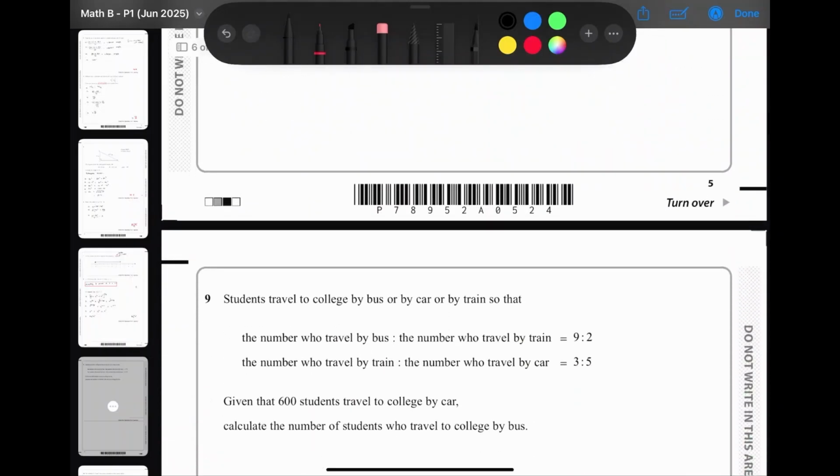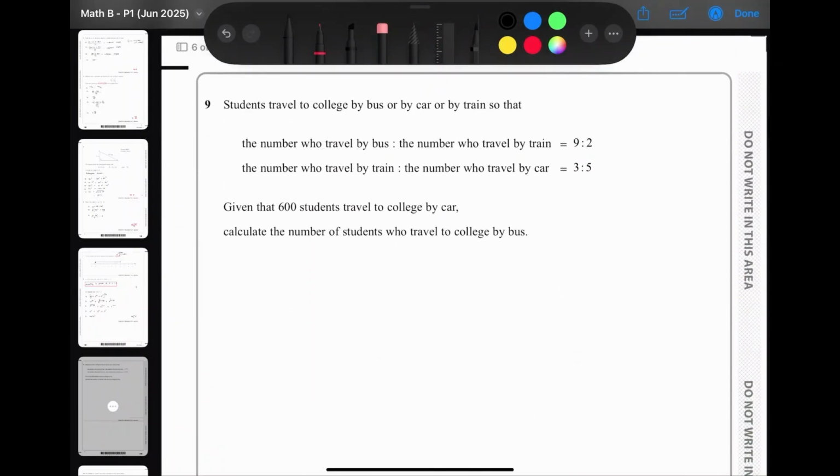For the second last question of this video, we arrive at question 9. This is a rather tough question it seems, a level up from all we have solved in this paper.